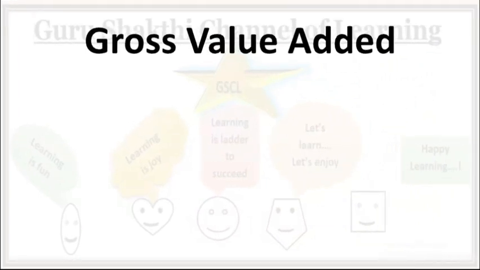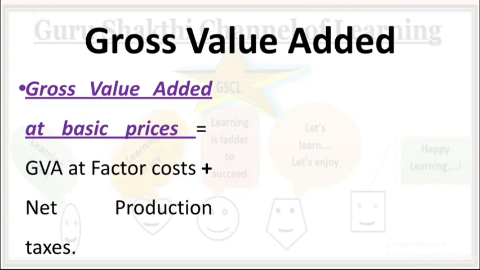We can arrive at the gross value added at basic prices by calculating gross value added at factor costs and adding to it the net production taxes.